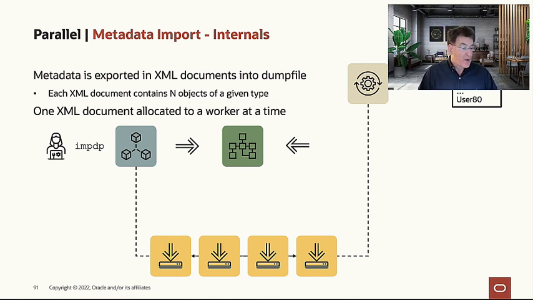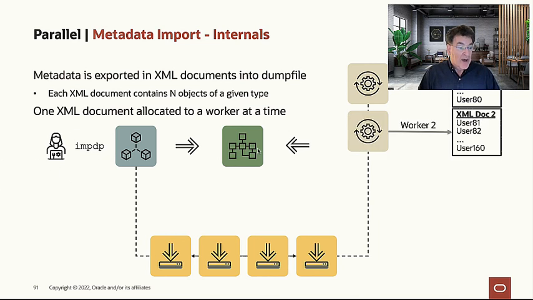So for example, if there are 162 user objects to import, there are going to be two workers that each get to import 80 users per XML document.